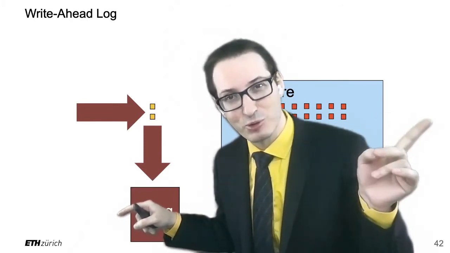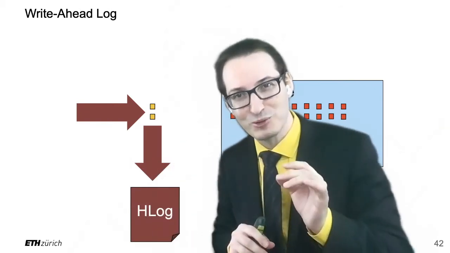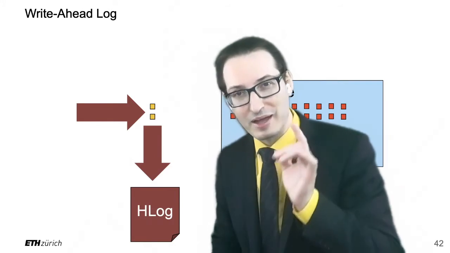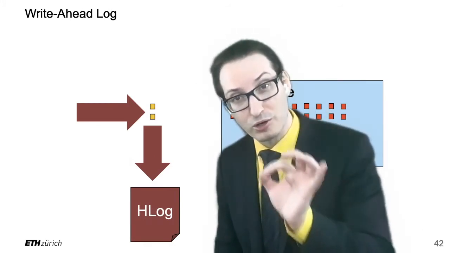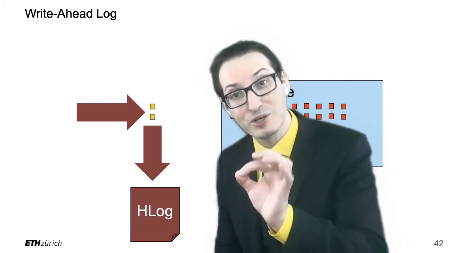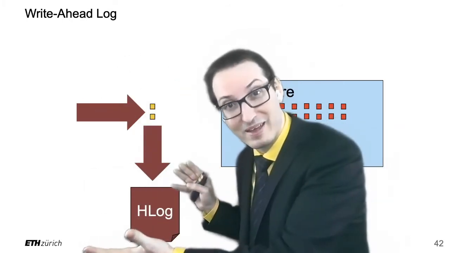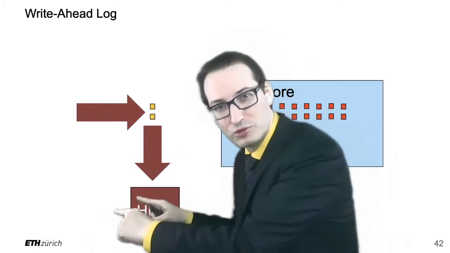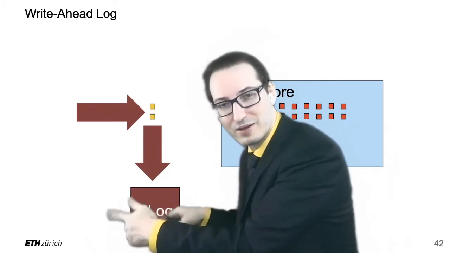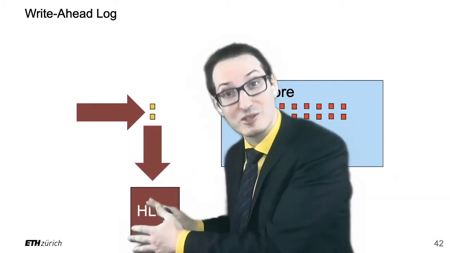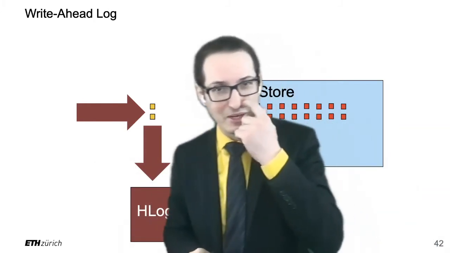I'm now putting the pieces of the puzzle together. In the HDFS lecture, I explained to you that the place where you put the first block of a new file is on the same machine as the client. Now, who's the client? It's the region server doing that. And that client will put the first block of the HLog locally on the machine. So I'm just writing on the local disk. I'm not going through the network or anything when I do that. This is the reason why it's actually reasonably fast, right?